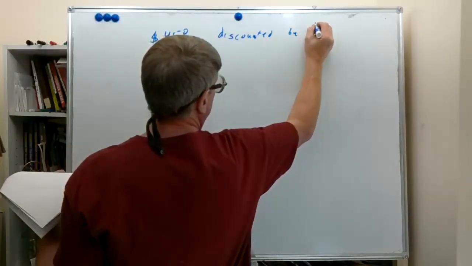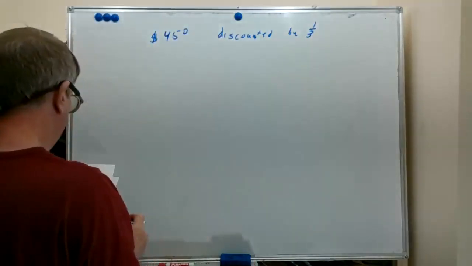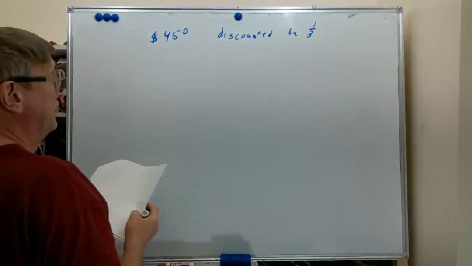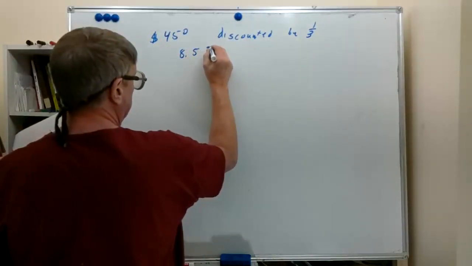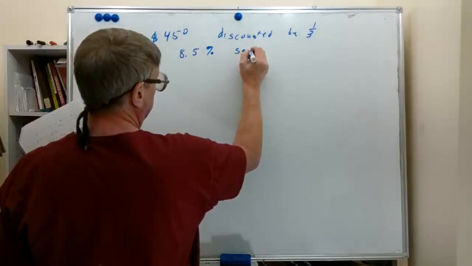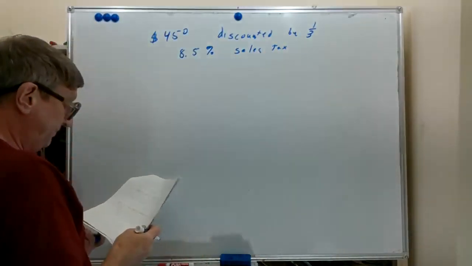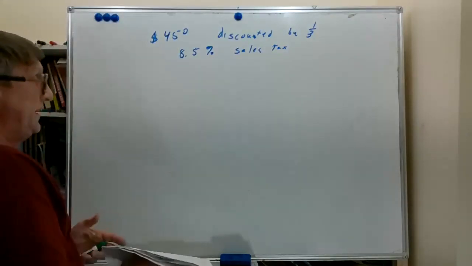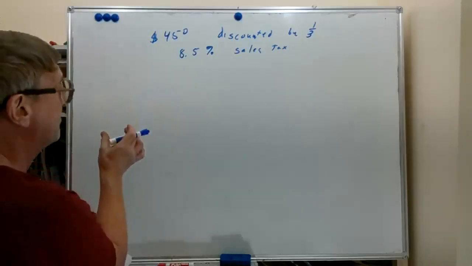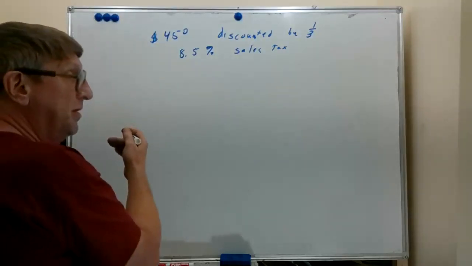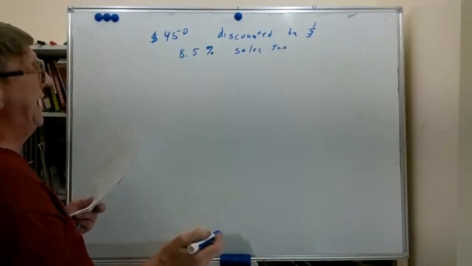We want to, and there is also 8.5% sales tax. So we need to find out what the discount is, get the new price, then add 8.5% to that for the sales tax, find out how much we got to pay.